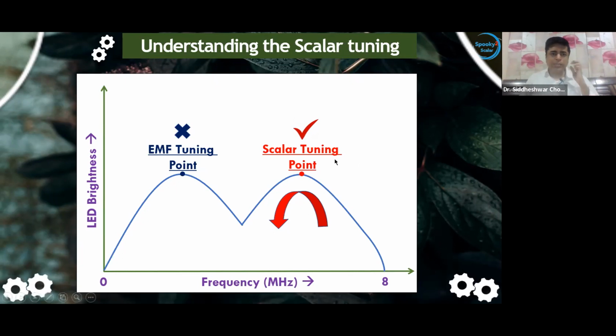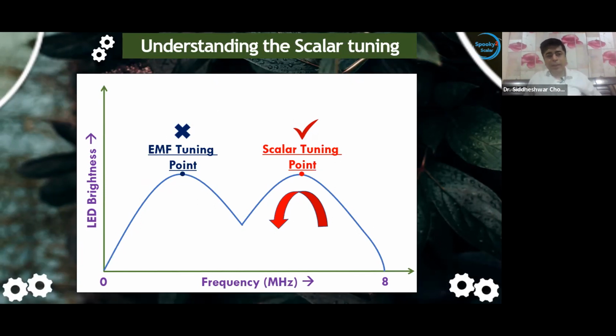Again, coming back to the transmitter panel, if by mistake you overshoot the range of say 5 to 7 megahertz, if you go below 5 megahertz, you might find that the LED again becomes very bright. And let me tell you, that is not the scalar tuning point.